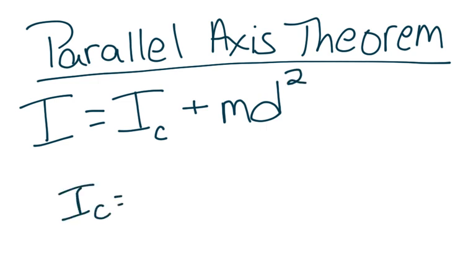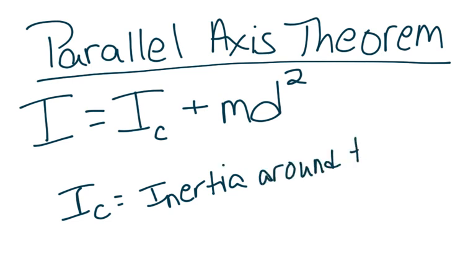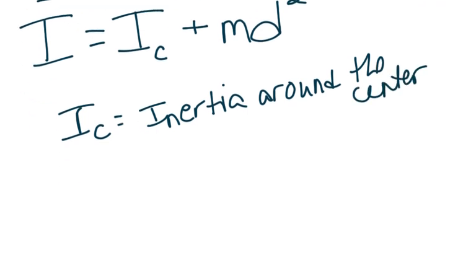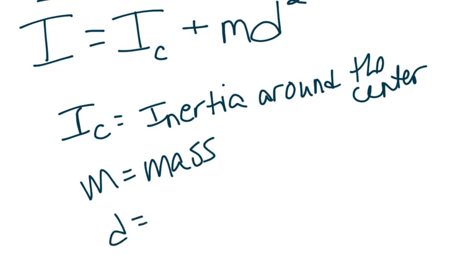This is the inertia around the center, rotating it around the center. Again, it's the center of the object or system. M is mass, and D is the distance you moved it from the center.